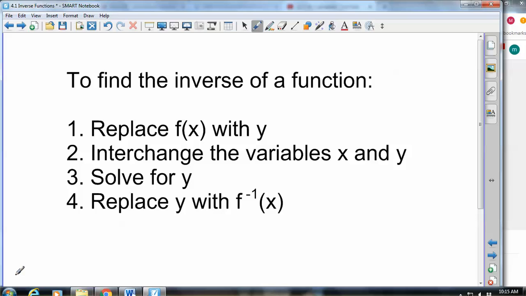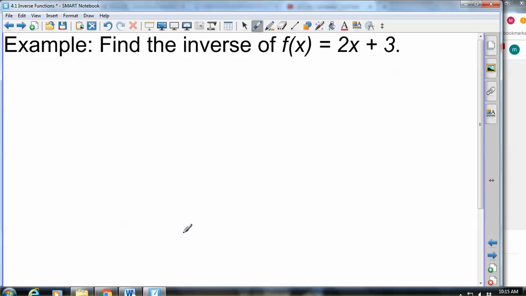Then, when you find an inverse, x and y flip roles, so we're going to switch our x and y. Solve the new equation for y, and at the end, go back to function notation. Instead of y, we'll write f to the negative 1, f inverse of x. So we're just going to try a few of these to finish. Find this inverse.